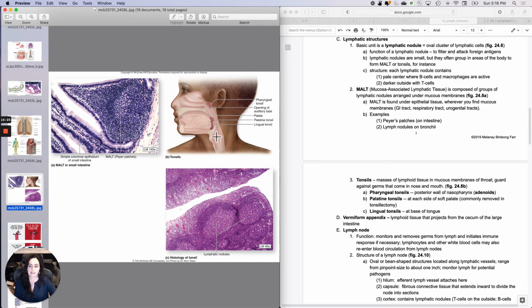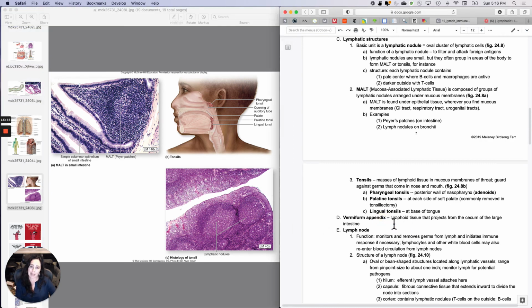Those are at the base of the tongue. So pharyngeal, back of the nasopharynx, palatine, back of the oropharynx, and then the lingual at the base of the tongue. And those are all basically composed of lymphatic nodules plus a bunch of connective tissue. And they're part of the immune system.